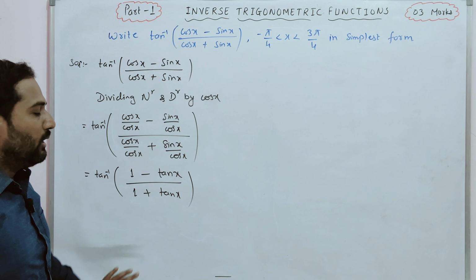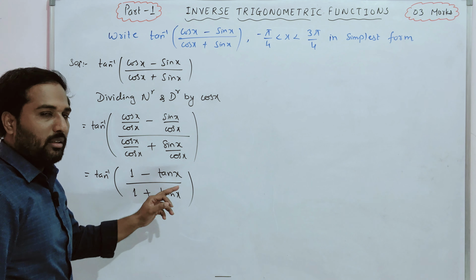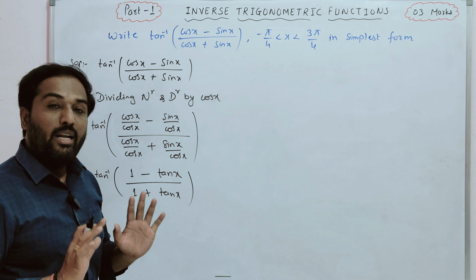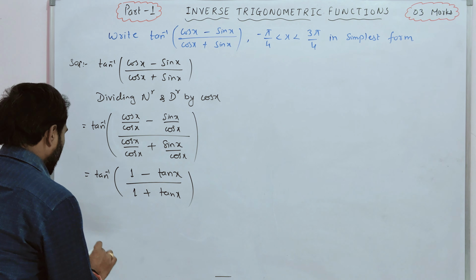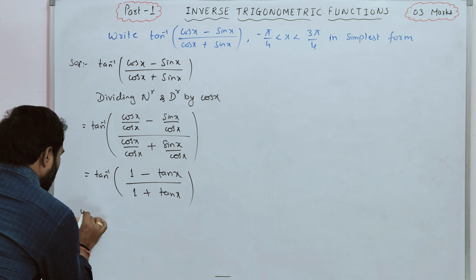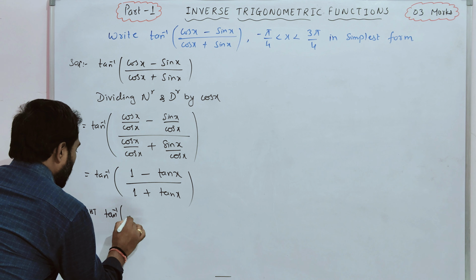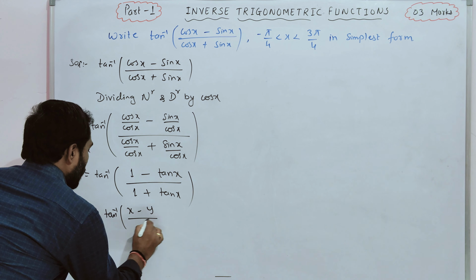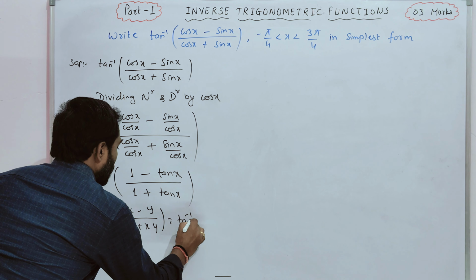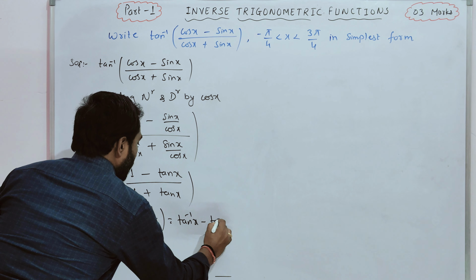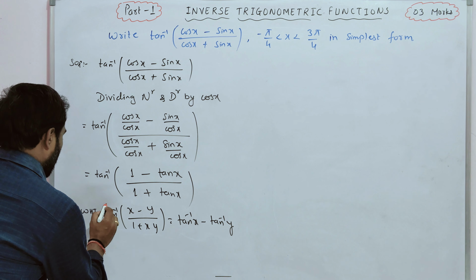Now this converted function is directly in the form of an inverse trigonometric formula. Let us see what kind of form it is. We know that tan inverse of (x minus y) divided by (1 plus x into y) is equal to tan inverse of x minus tan inverse of y. So this is your formula.